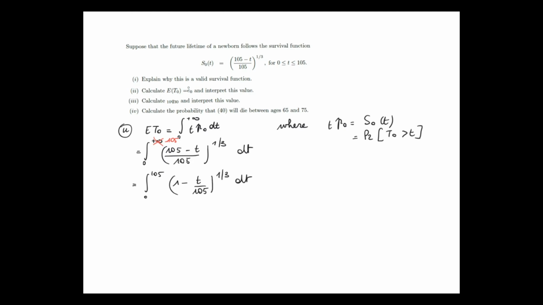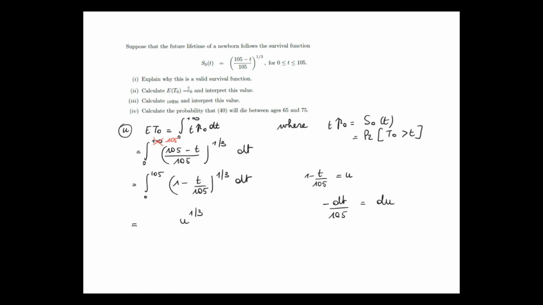Now I can do a change of variable where I denote 1 minus t divided by 105 as u, right? So what I get then is u to the power 1/3, and then minus dt divided by 105 is equal to du.